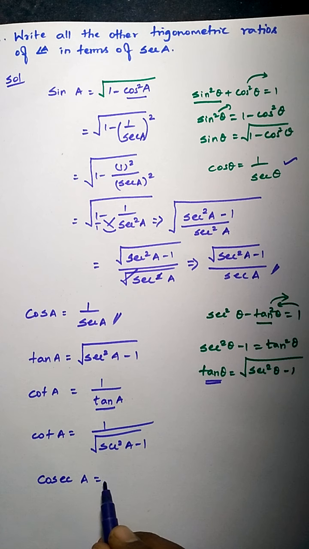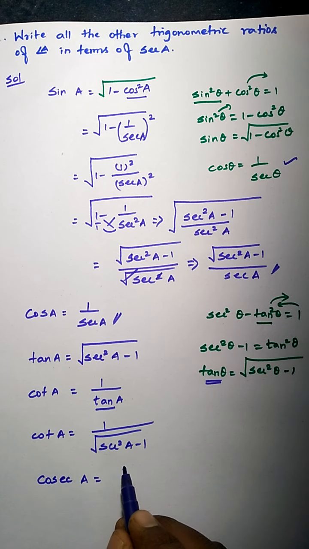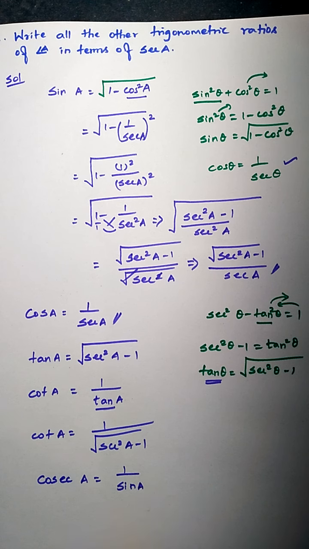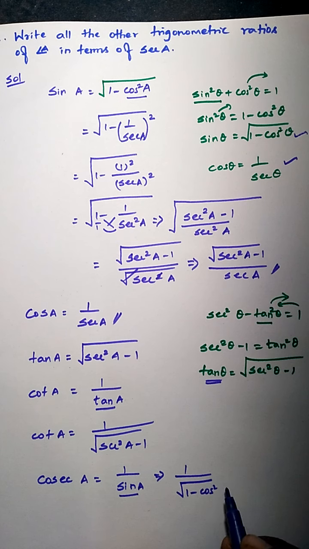Cosecant A. Cosecant reciprocal we know is 1 by sin A. Now let's find out the sin A answer. Already sin theta we got it here, in the first part we have the formula. So let's apply that. 1 by sin theta, we can use 1 by root of 1 minus cos square theta.